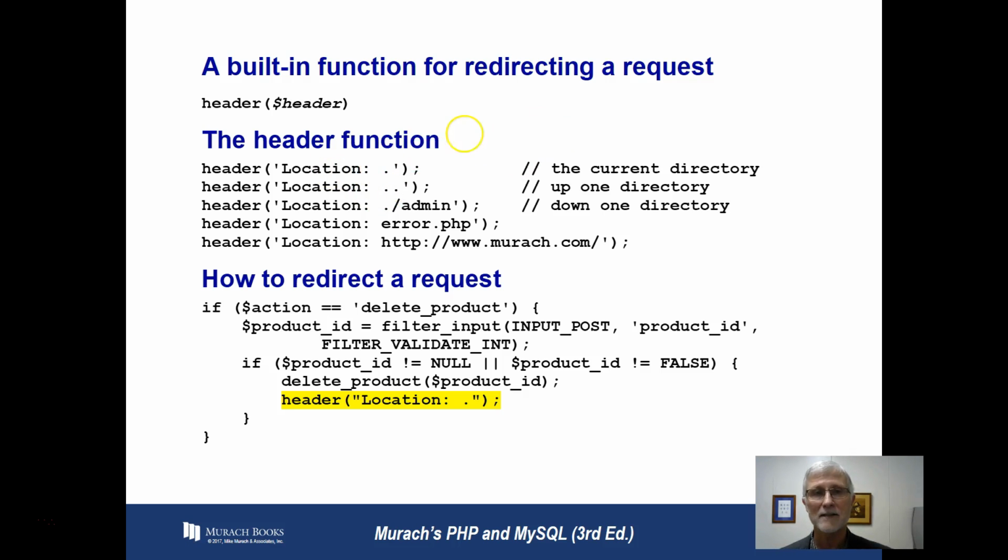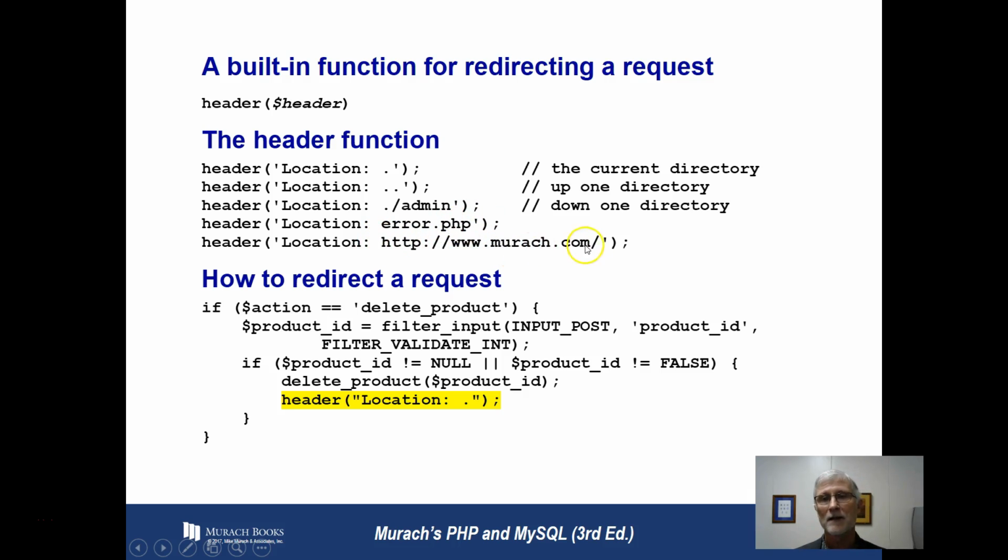Two dots like you've got here means one parent, my parent directory. If I do slash some folder like this one, slash admin, it says current working directory and the admin directory underneath the current working directory. The error.php is assuming the current working directory, so I don't have to be specific as far as that.